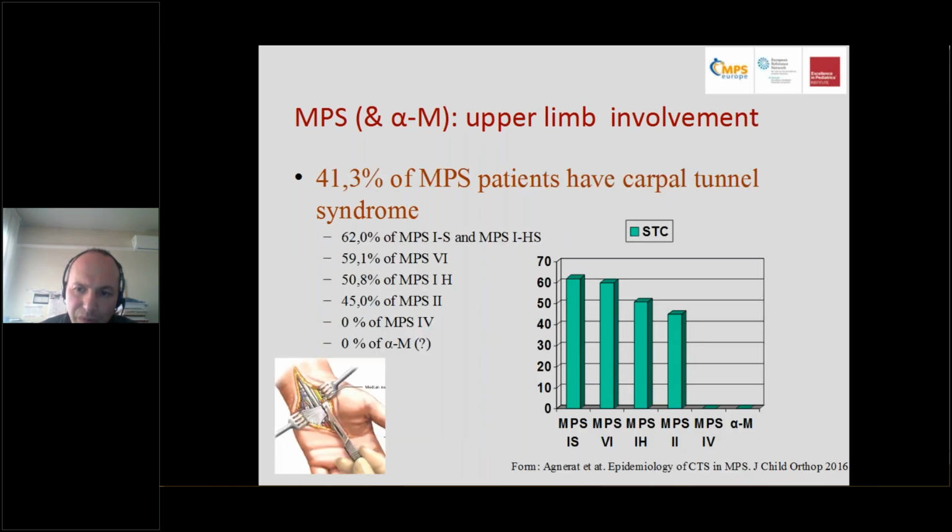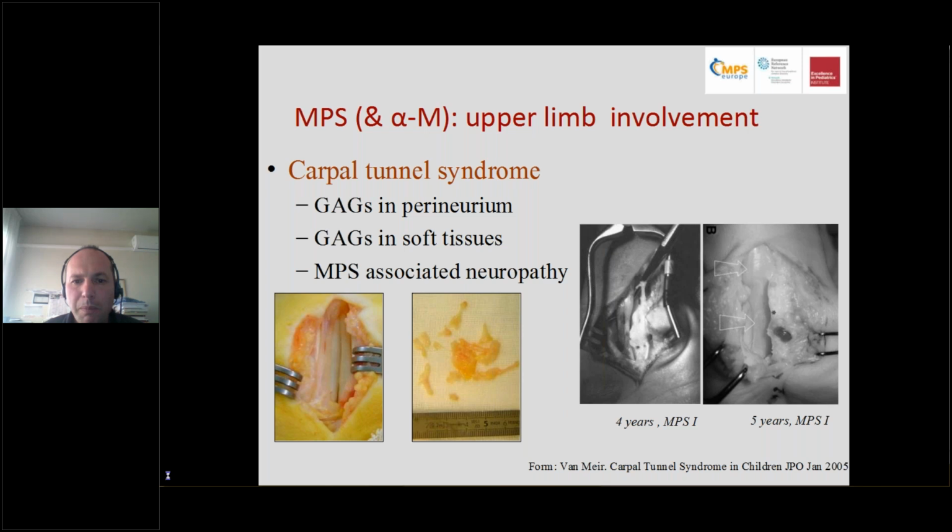So if you already know that the patient has a mucopolysaccharidosis, please check for the presence of a carpal tunnel syndrome, because, as summarized in this table here, almost 50% of the patients develop a carpal tunnel syndrome, with the exception of MPS 4. And I have to underline that there is no report of carpal tunnel syndrome in alpha-mannosidosis.